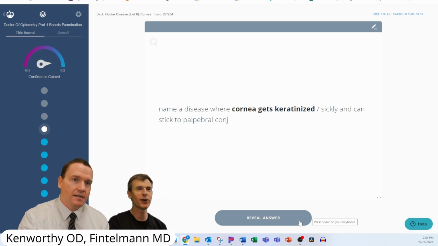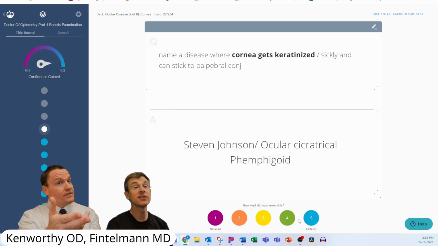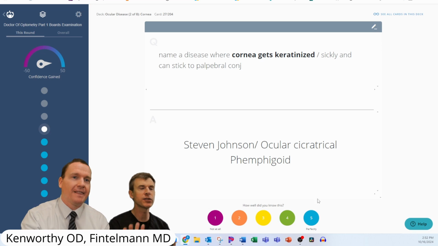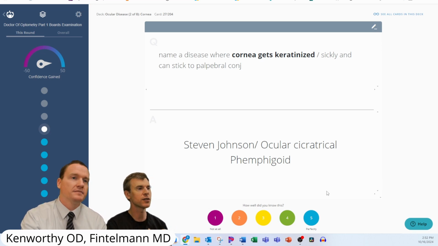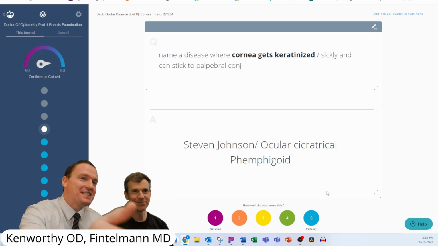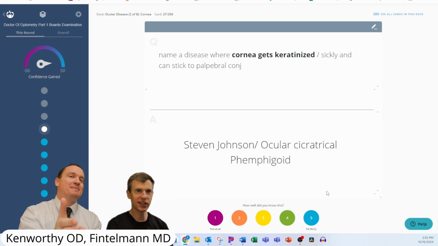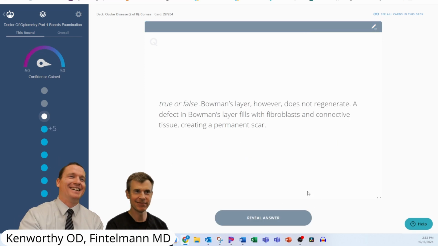Final answer: pemphigoid. And Stevens-Johnson, correct. They are very similar, but with different causes. Stevens-Johnson is a reaction to medication. Ocular cicatricial pemphigoid is an autoimmune disease. Now, how many typos do you see in that answer? I see a few. It just makes me laugh.